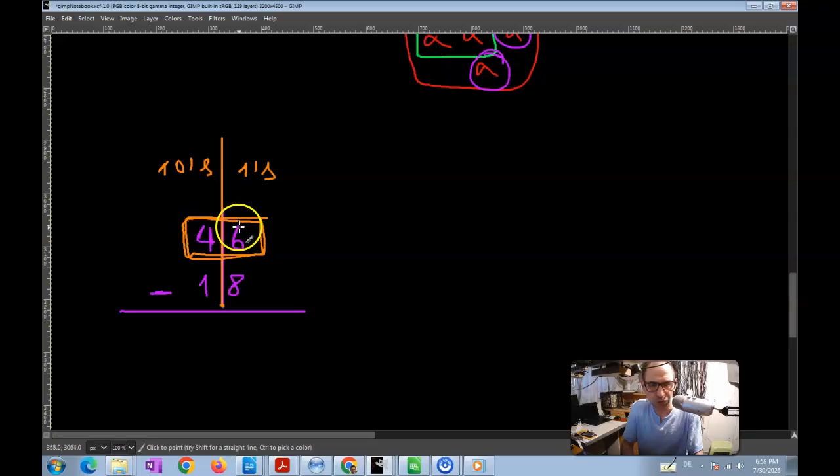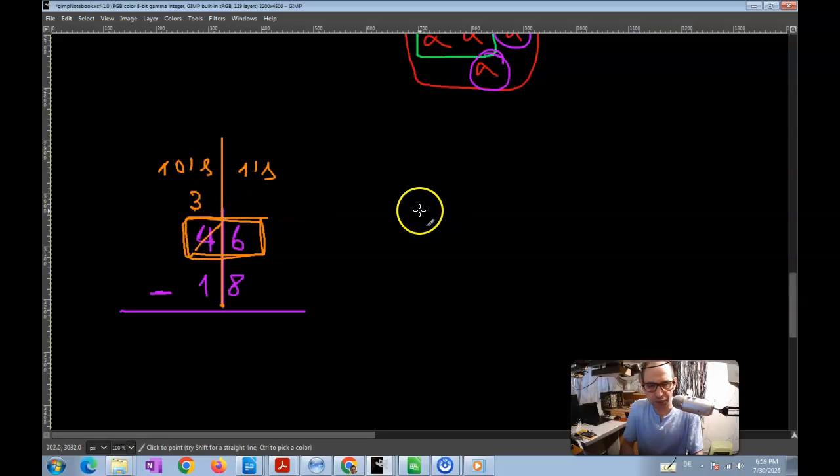So then I'm going to say that I'm going to take away one of these 4 groups of 10, which means that then I will be left with 3 groups of 10, right?